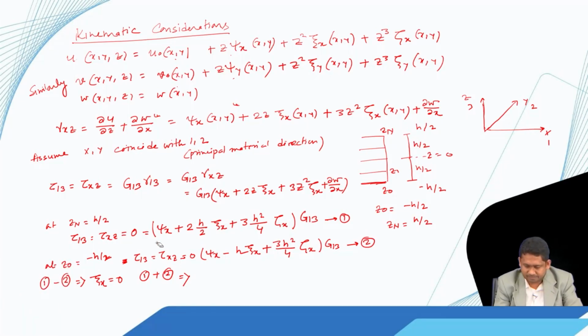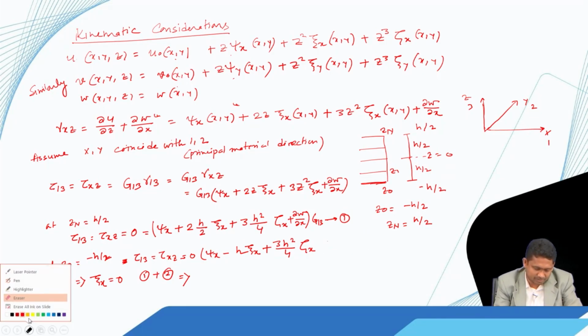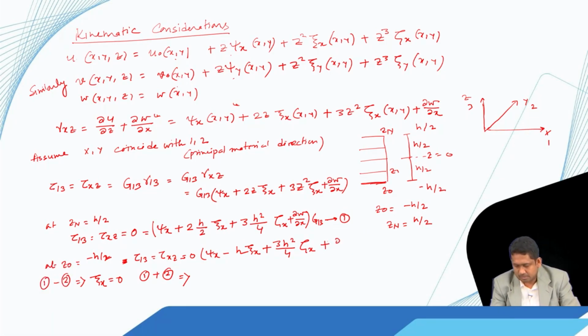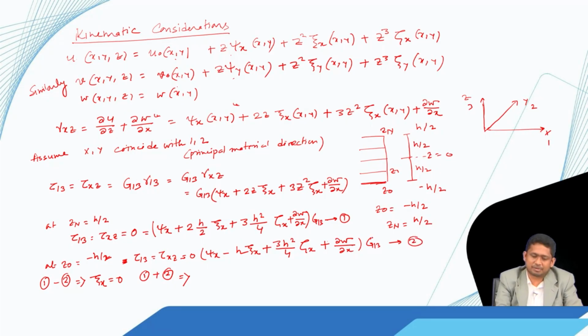If I add this up here, we have del w by del x into G13, and here also we have del w by del x, plus del w by del x multiplied by G13. That was missing somehow, but still the conclusion xi x is equal to 0 remains valid.